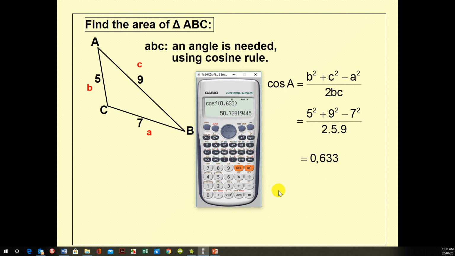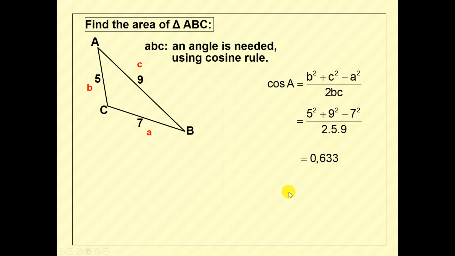And we can round that off. And we have angle A to be 50.7 degrees.